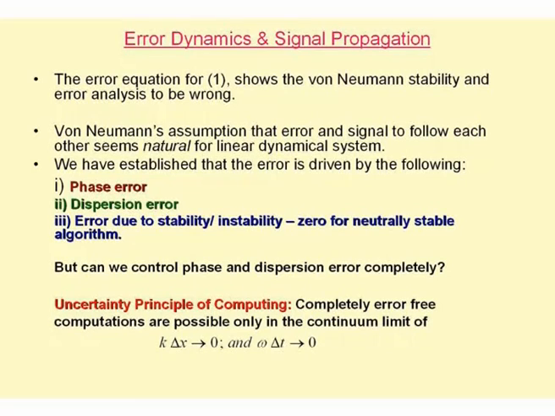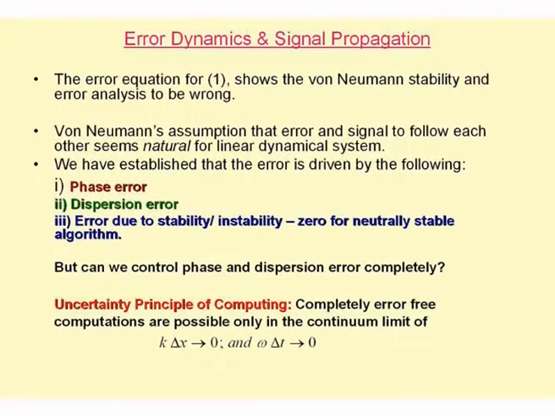Whenever you compute, you cannot ever assure that you can take care of these, until and unless you have a perfectly periodic problem and you can adopt a spectral method. Most practical problems would not let you use a spectral method, and then you come to this pessimistic conclusion that we cannot perform completely error free computations.